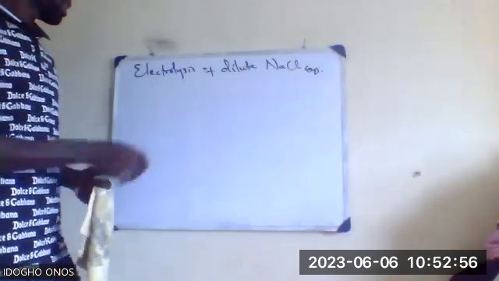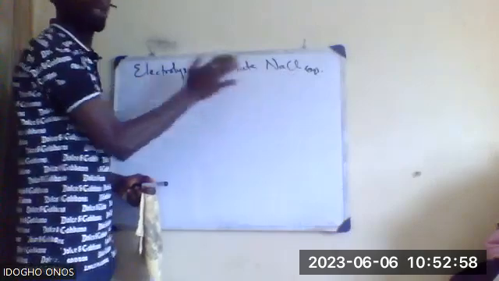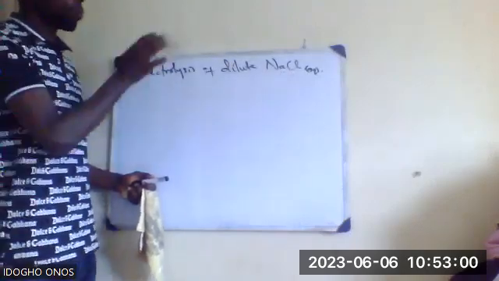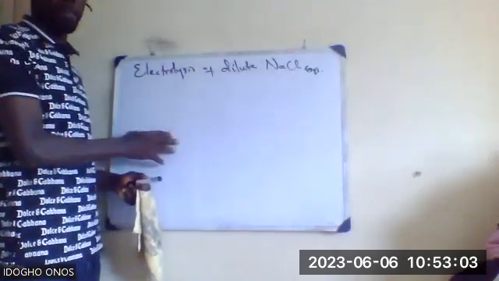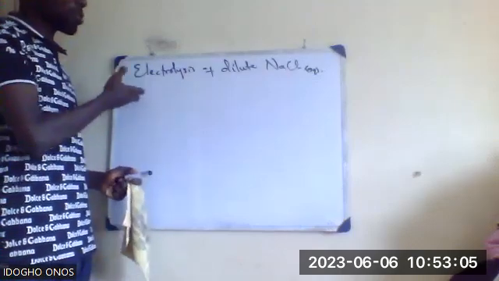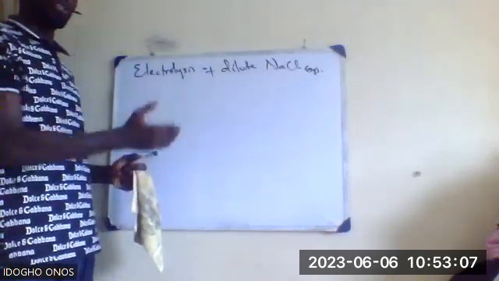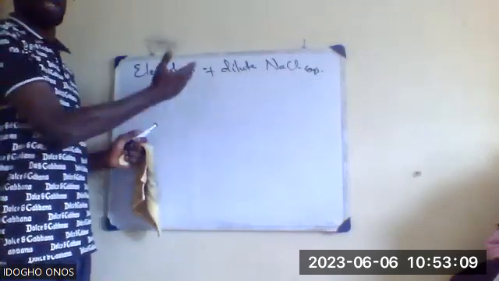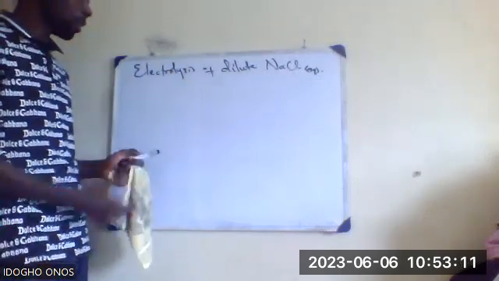What we just finished now was electrolysis of concentrated sodium chloride, which is brine. So now I want to look at electrolysis of dilute. To save time, this is more or less a straightforward thing. You can even note this already.